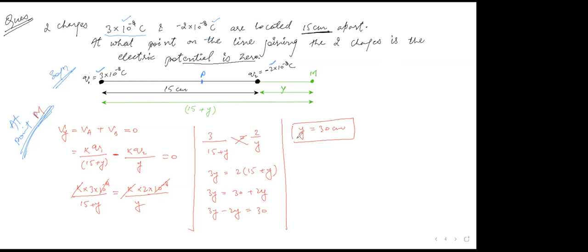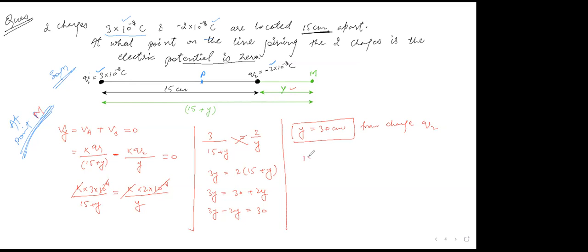What does it mean? This is your 30 centimeter, Y is 30, from charge Q2. This is the separation of point M. Are you all understanding? What does it mean? Your Y is equal to 30. This means that point M is 30 centimeter away from Q2. Then what will be the separation from Q1?